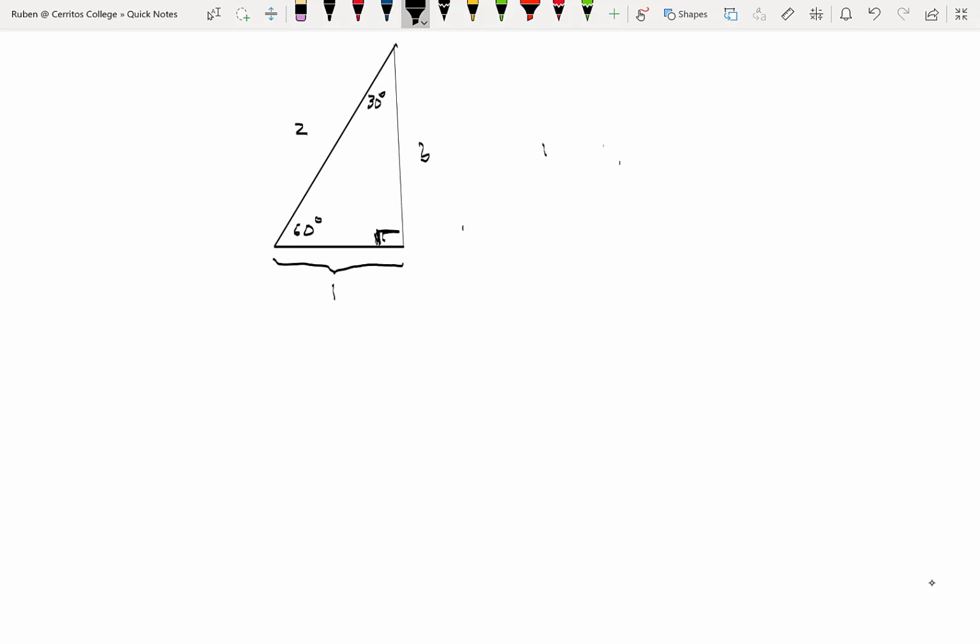The Pythagorean theorem says 1 squared plus b squared equals 2 squared. So 1 plus b squared equals 4, b squared equals 3. So b equals plus or minus radical 3, but we're looking at the length of the side of a triangle, so b has to equal the square root of 3.